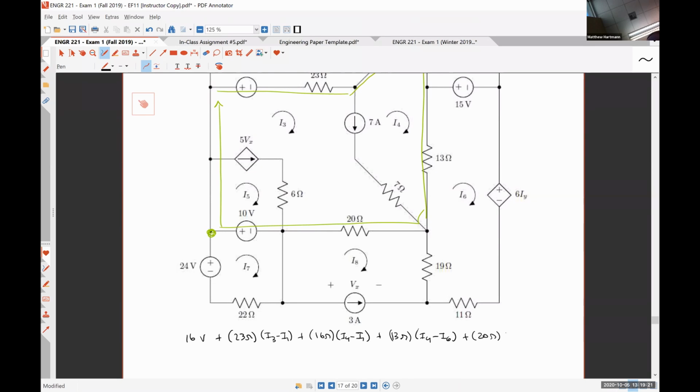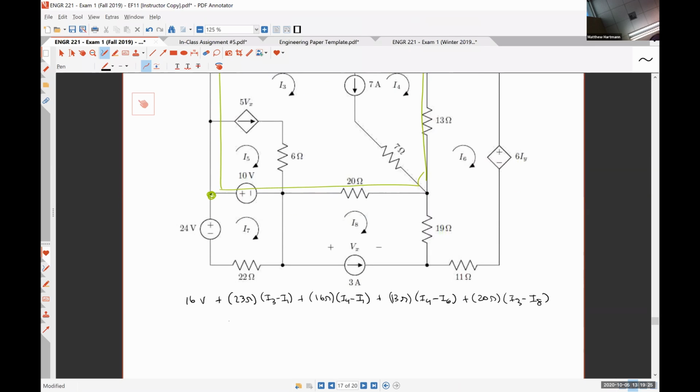Yeah. And then minus 10 volts is equal to 0.